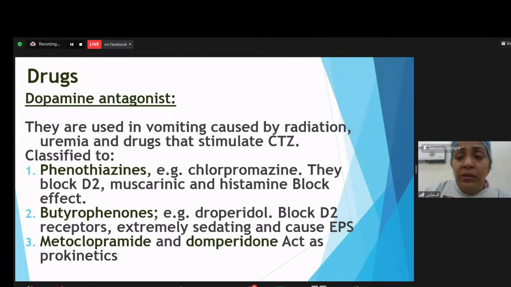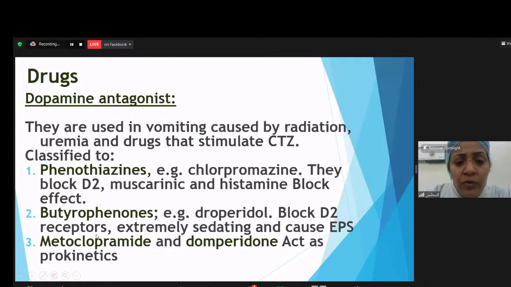Muscarinic receptors: you have dryness, you have some tachycardia. Antihistaminic effect: sedative effect, sometimes dizziness and drowsiness. The alpha blocking effect sometimes causes hypotension. All these side effects are caused because of the multi-receptor blocking effect of the phenothiazines.